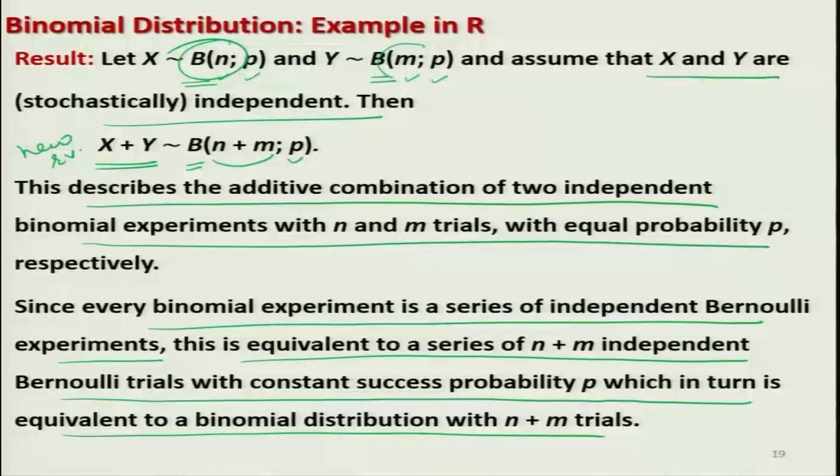In the case of Y, a small number m of Bernoulli trials gives you a binomial. If you consider n plus m Bernoulli trials with the probability of occurrence p remaining constant in all the trials, then you will have a binomial with m plus n trials and probability p.